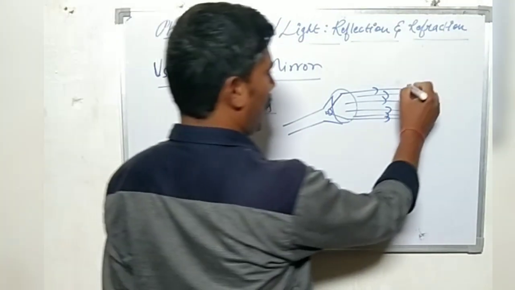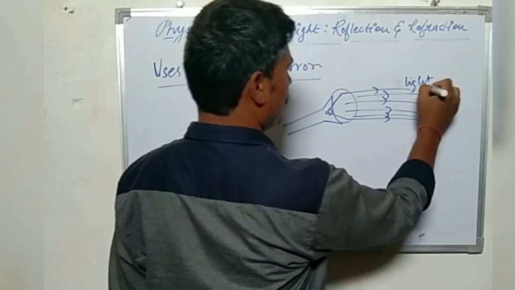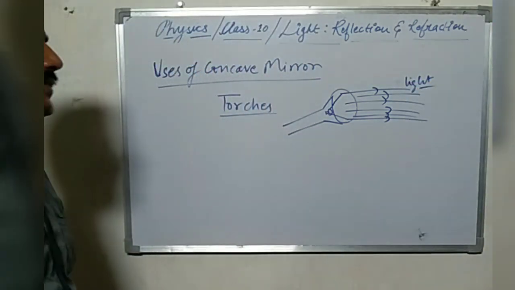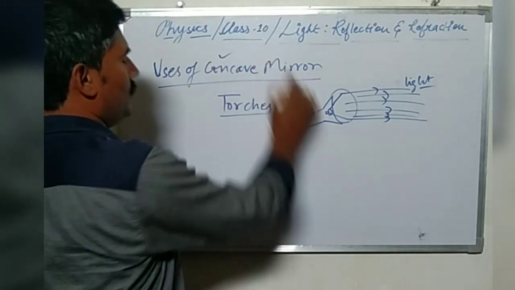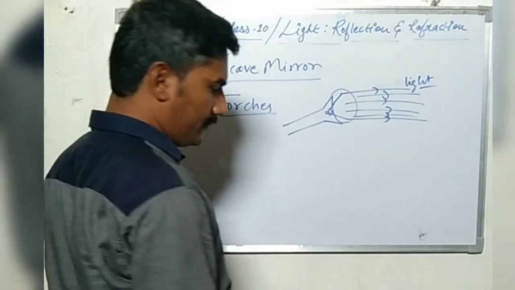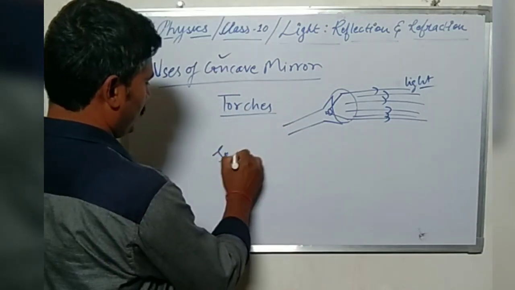The direction of the light is very much focused and concentrated. So in torches we use concave mirrors.